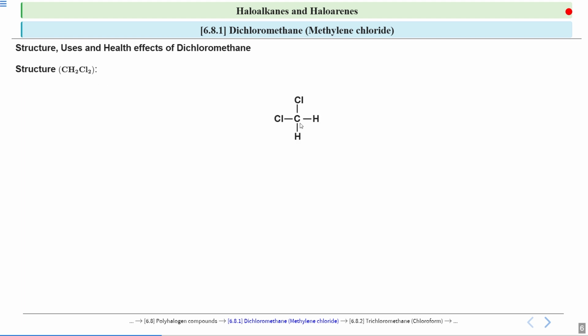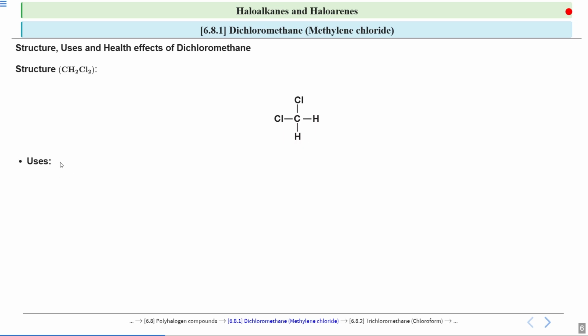The structure is CH2, that means only a single carbon, with two valencies occupied by hydrogen and the other two occupied by chlorine atoms. So this is a polyhalogen compound because two halogen atoms, chlorines, are present. This is the structure of methylene chloride or dichloromethane.